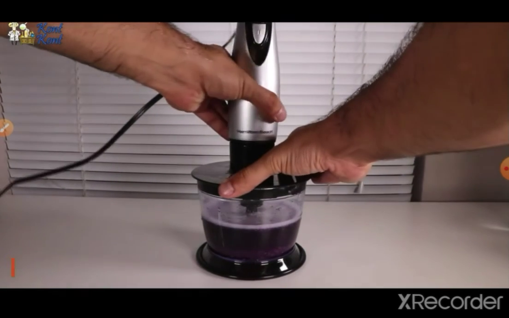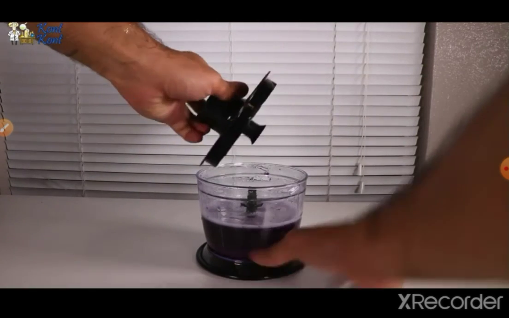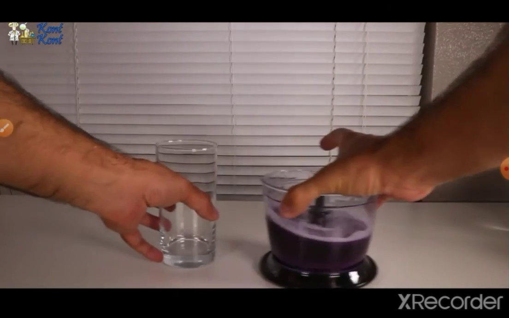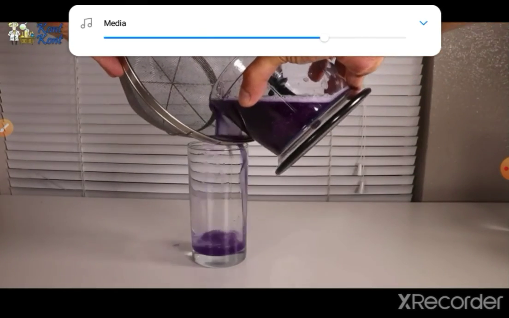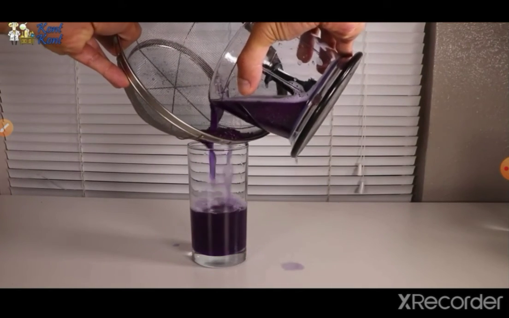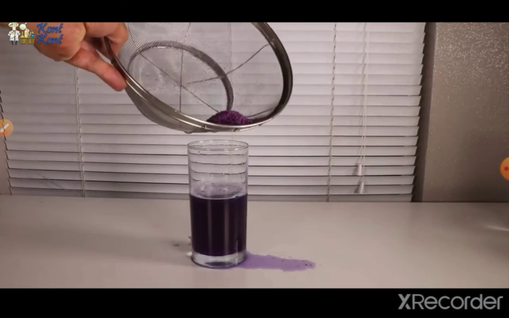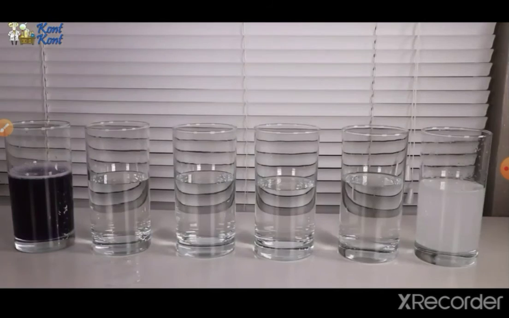After doing it, we will strain it. So this is our indicator, a universal indicator of red cabbage.